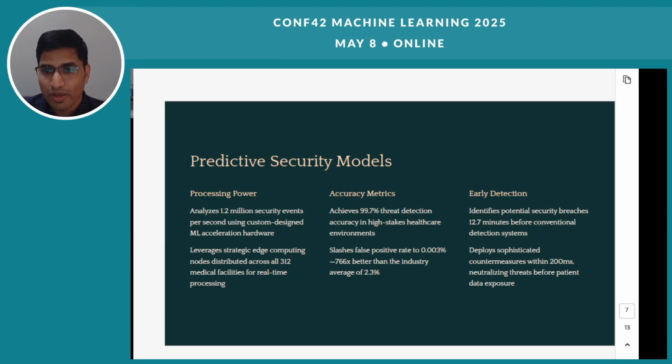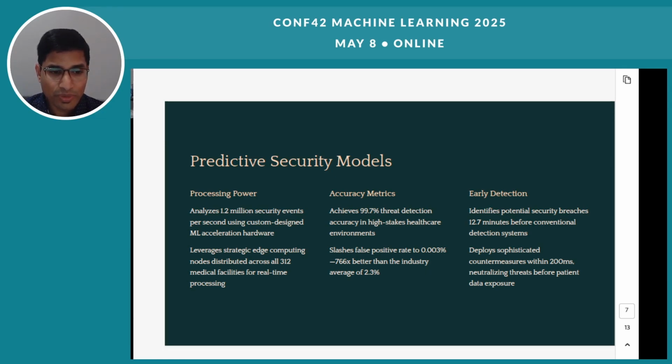The second, an extension of smart models, is edge computing. We should leverage strategic edge computing nodes distributed across all healthcare facilities. This should be real-time processing closer to the source, which will drastically shorten detection times and response actions.